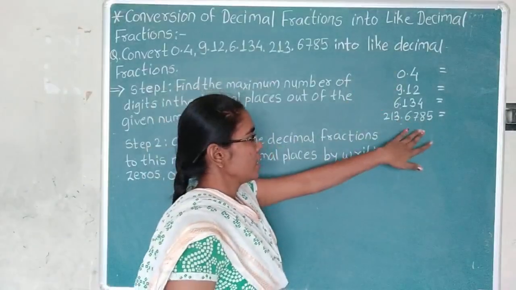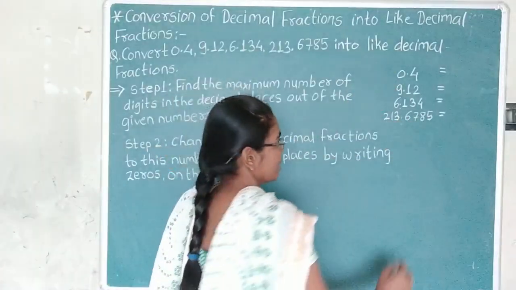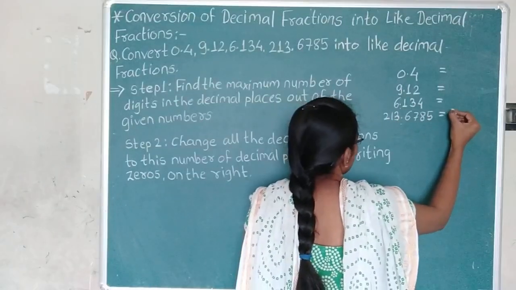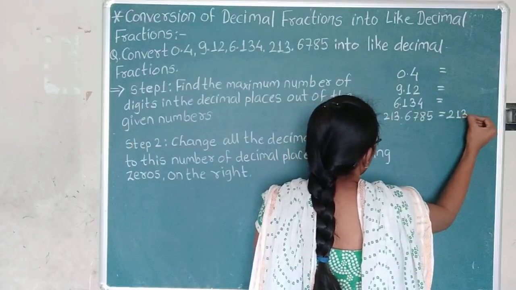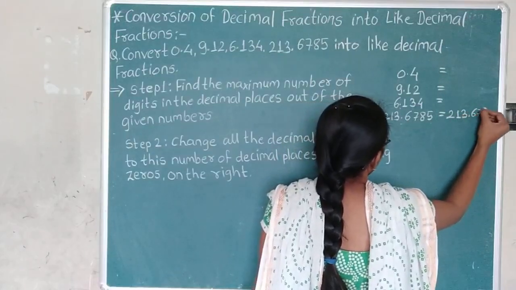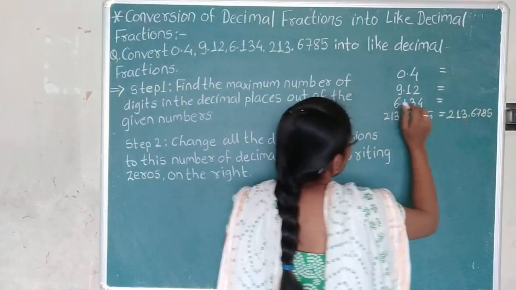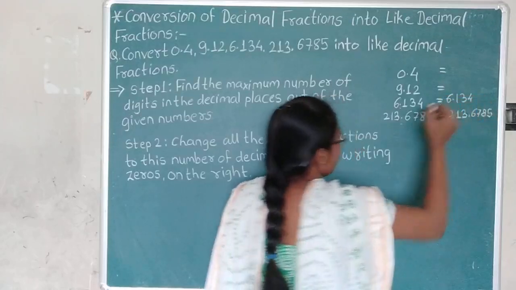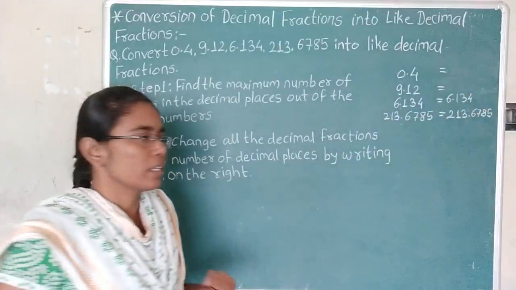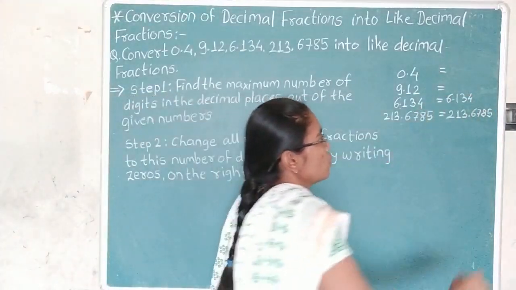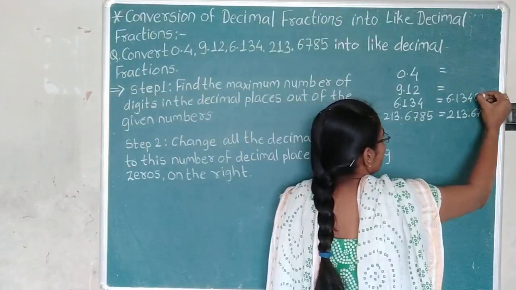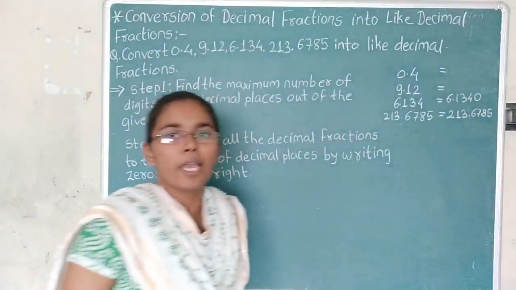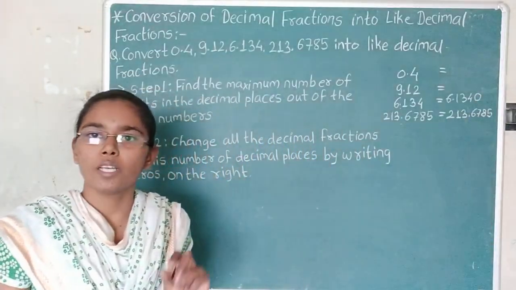So first we will write this decimal fraction as it is, 213.6785. Now here we have 6.134. Here only 3 decimal places are there, but we want 4, so we will add 1 zero here. Now in the next one, 9.12, we have 2 decimal places.